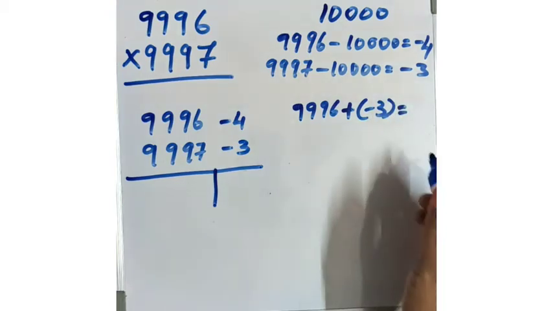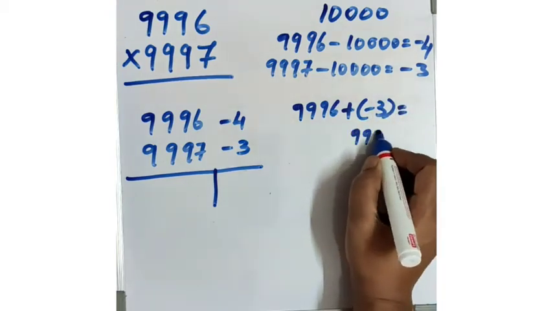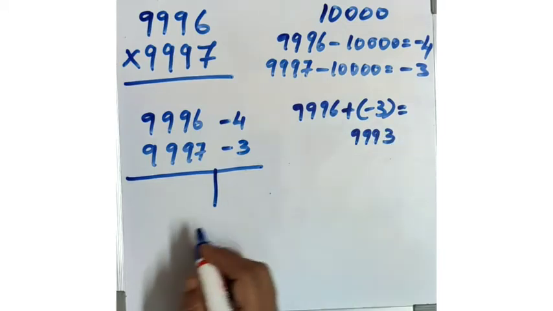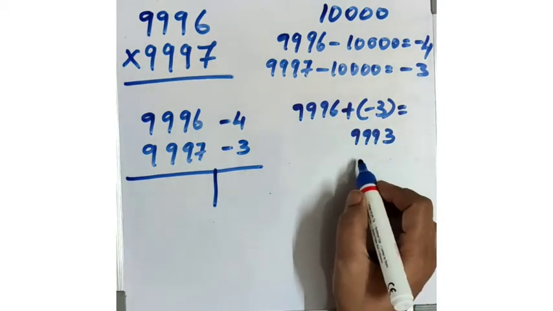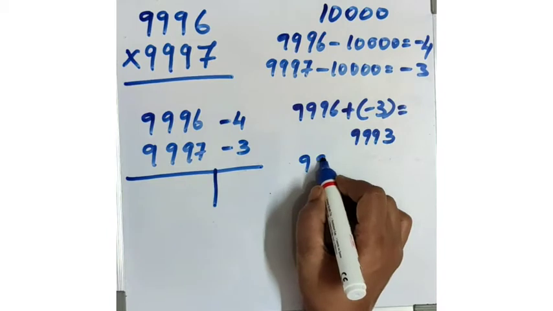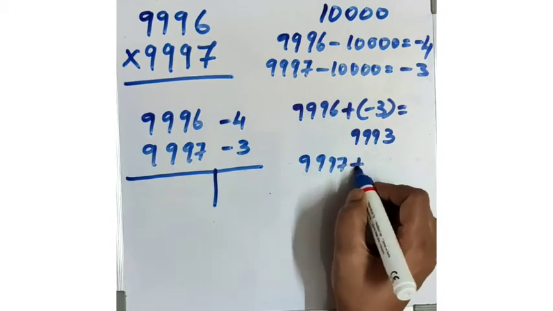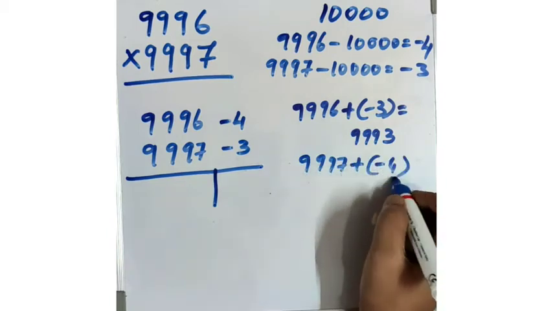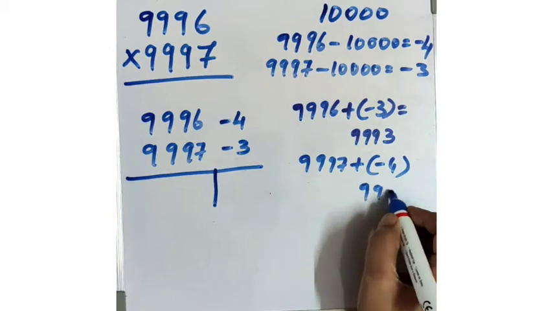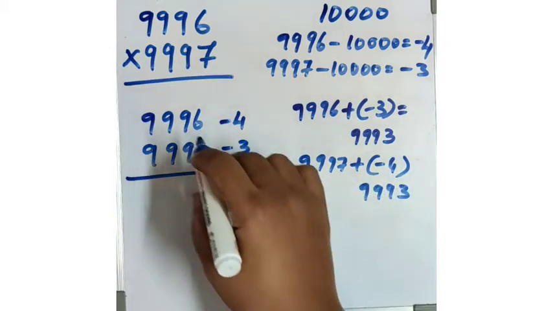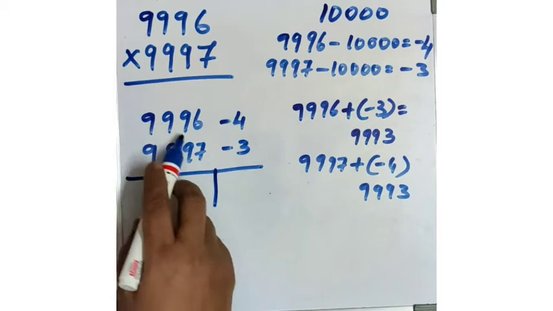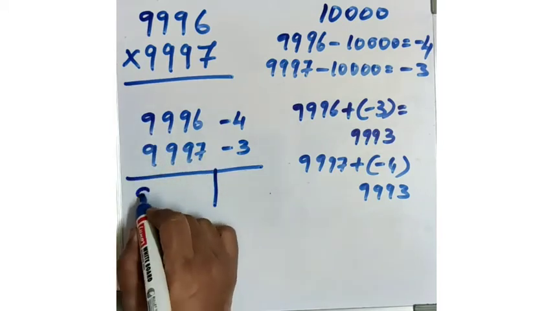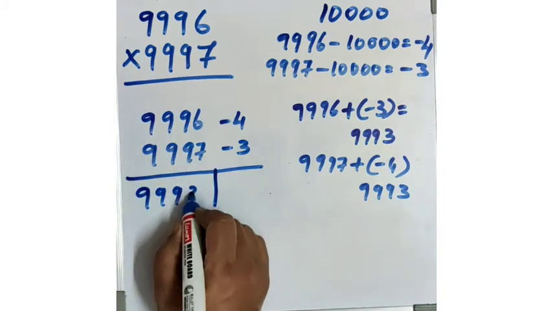What is the answer you get? 9993. Next, 9997 plus minus 4 is also 9993. Subtract diagonally, and we get 9993.